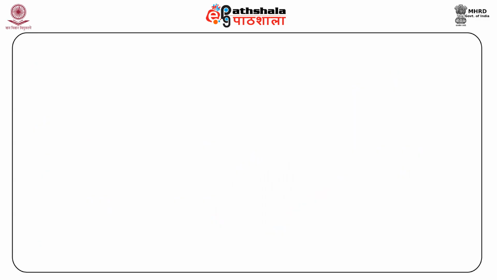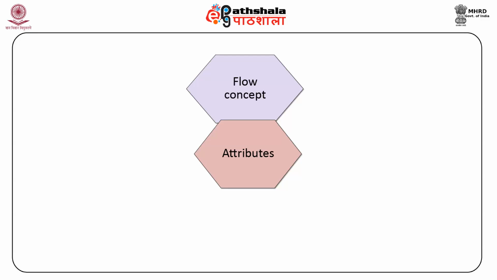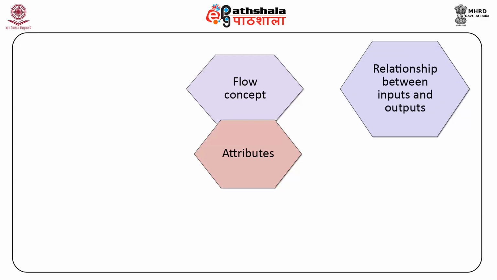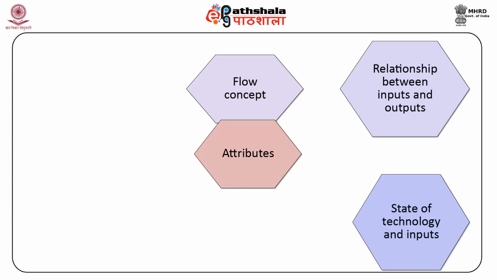The following are the important attributes of production function. First, the production function is a flow concept. Second, a production function is a technical relationship between inputs and outputs expressed in physical terms. Third, the production function of a firm depends on the state of technology and inputs.